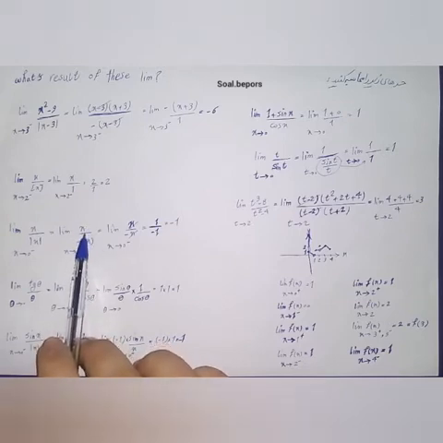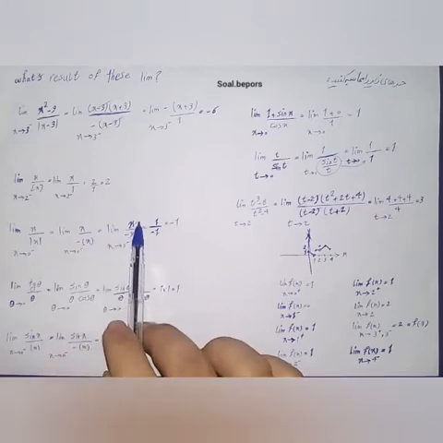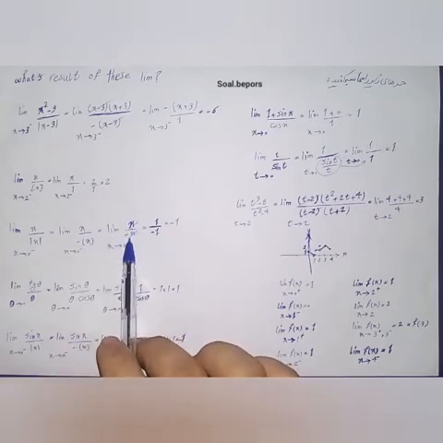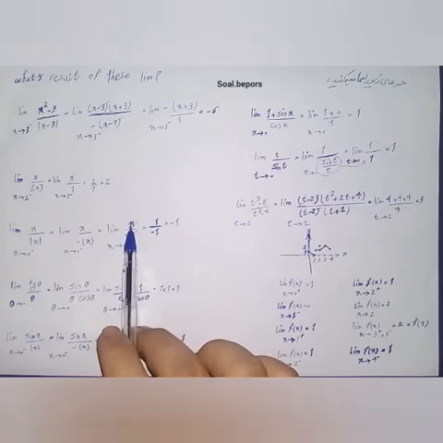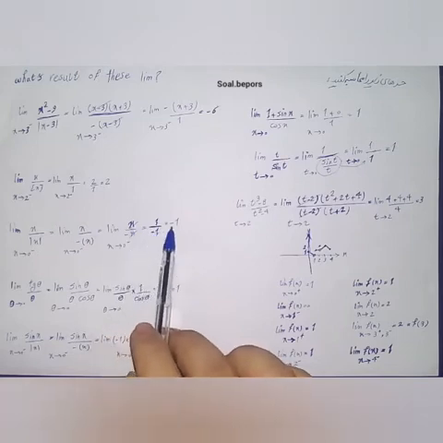From numerator and denominator we delete x, and at the end we have the result minus 1.